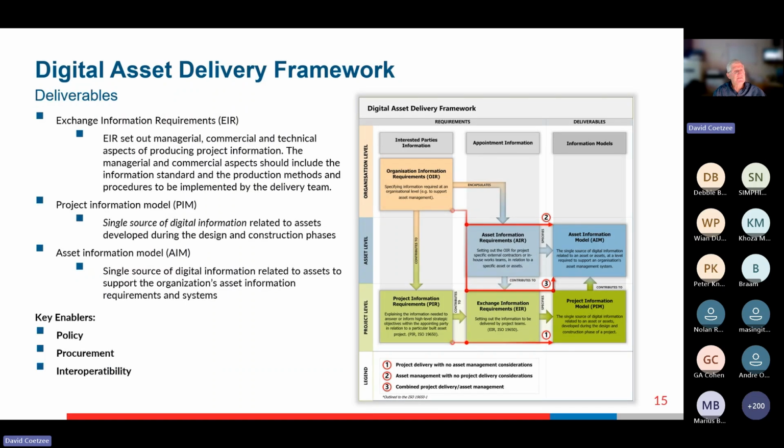So what are some of the deliverables? So that's in the column here. The exchange information requirement sets out managerial, commercial, technical aspects of project or how you're going to produce the project information and what structure and according to what standards and in what format. And we want to define that very, very carefully.